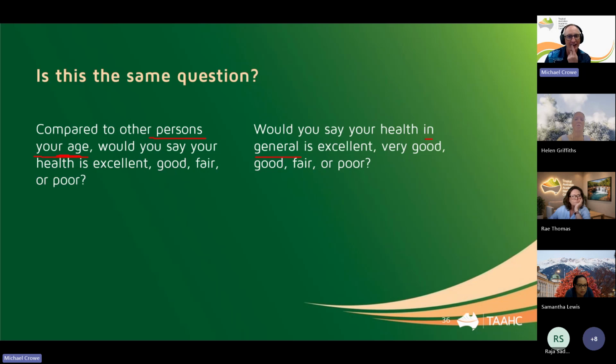How many people do you know who are actually your age? And people tend to just look at the extremes on this one, the people who are really unwell and the people who are really well for that age group. And so changing it to in general makes the question more neutral in a way, and just asks them if they feel that their health in general rather than in comparison. So the second one is a much more fair, unbiased question.